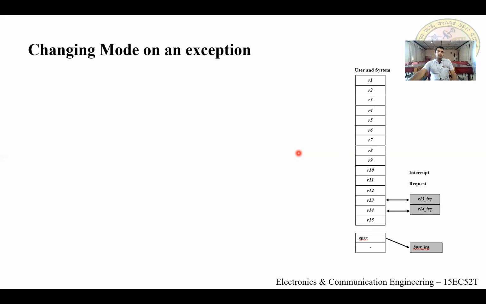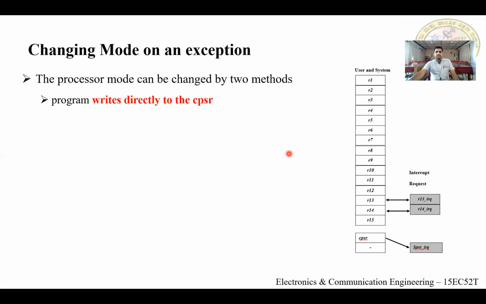Now we move on to how the processor changes from one mode to another. The processor mode can be changed by two methods. You have already seen that the CPSR has 5 mode bits.